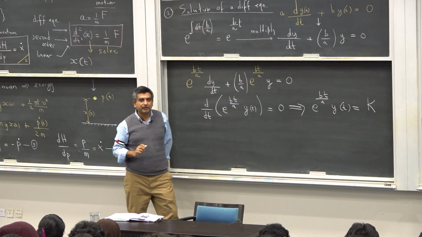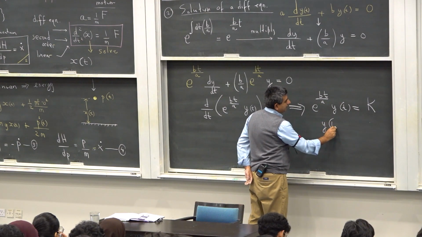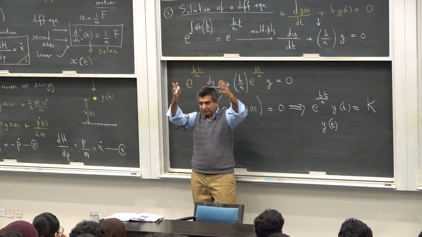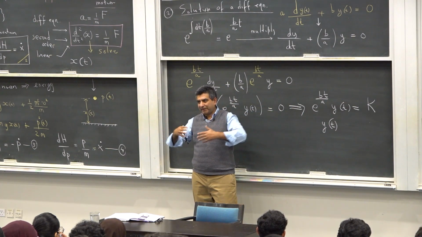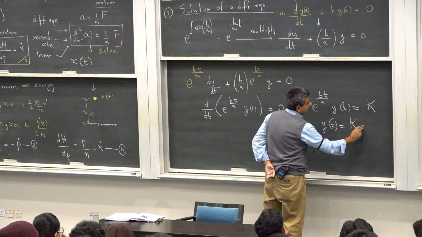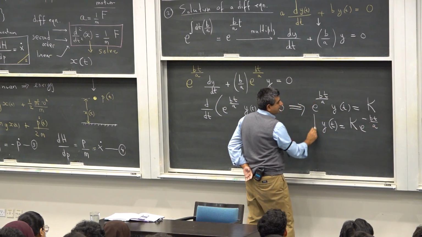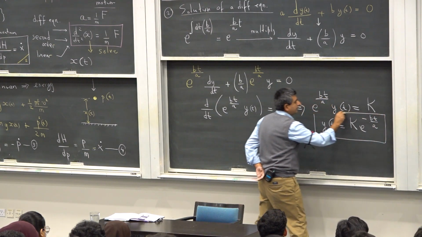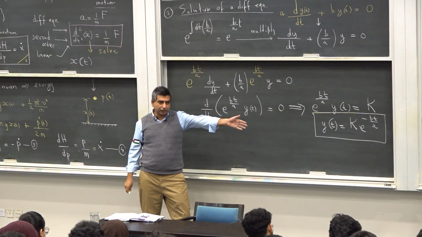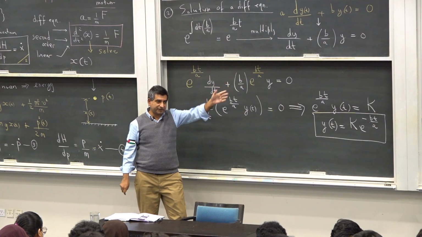Now what I could do is take this exponentiating factor, which can never be 0. The exponent of something can never be 0. So I can take this to the other side of the equation, and I'm left with y equals k e to the minus bt over a. Correct? Is this a solution? This is indeed a solution to the original differential equation.